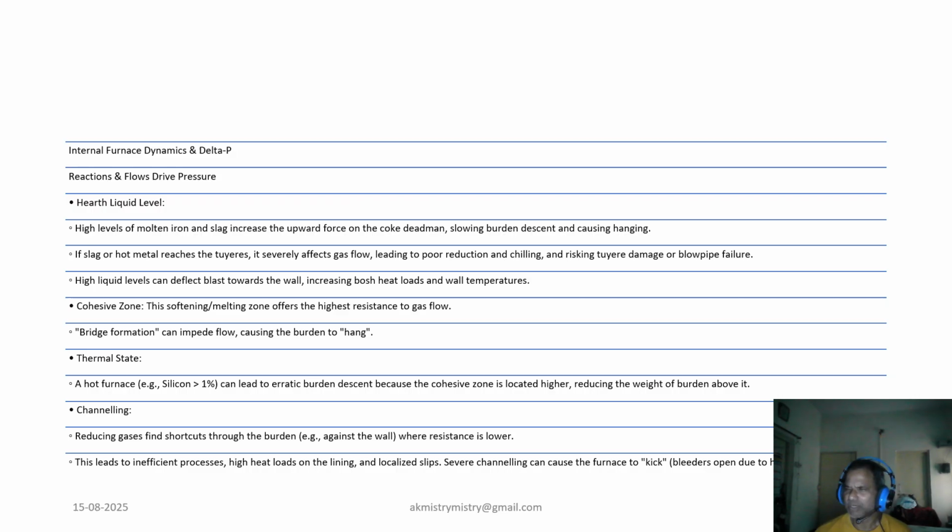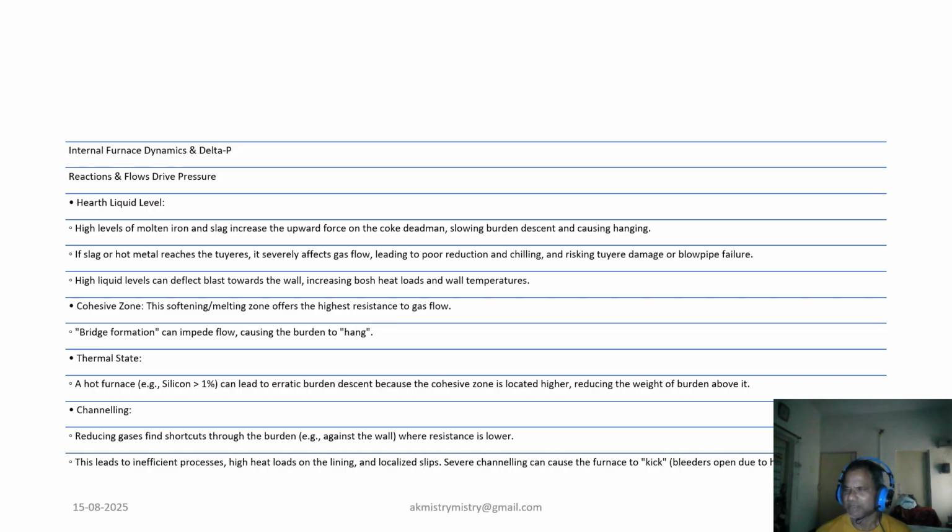Now coming to the internal furnace dynamics, as we can see, inside the furnace several factors influence delta P, like high liquid level. This is also a very important parameter which can affect delta P. Similarly, slow burden descent is a consequence of high liquid level.